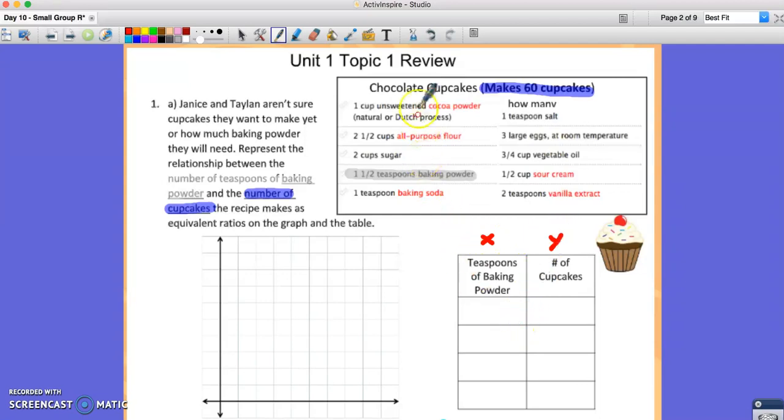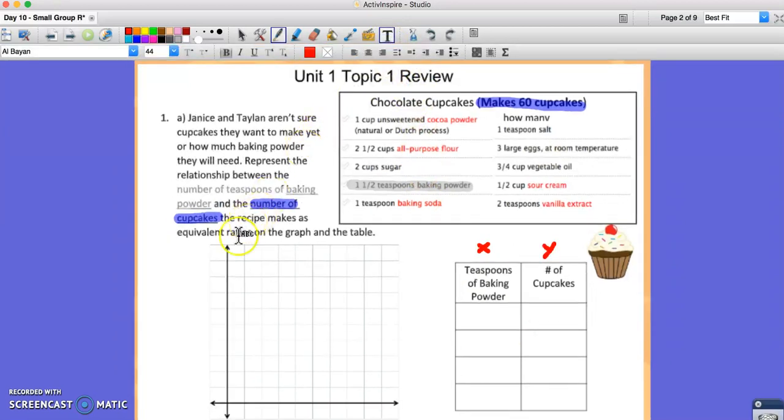So now, when I go to label my graph, I already know that I'm going to put cupcakes on the Y-axis, and I'm going to put teaspoons on the X-axis. This way I know that when I take my information from the table to the graph, I know what goes on which axis.